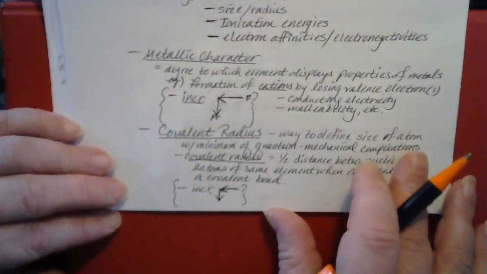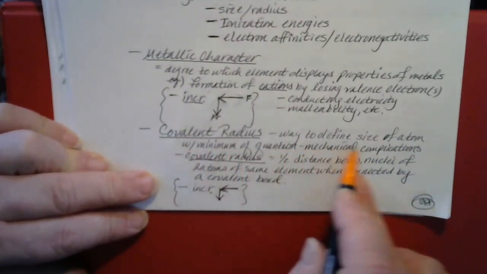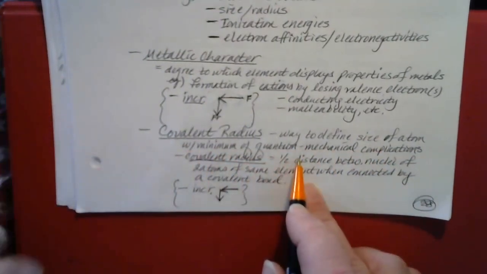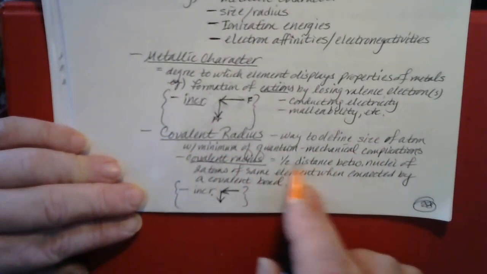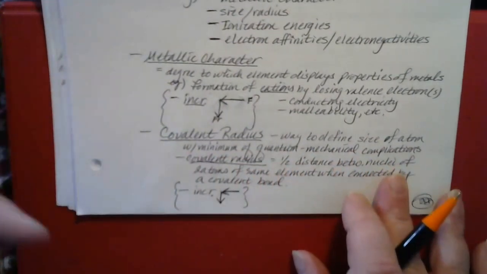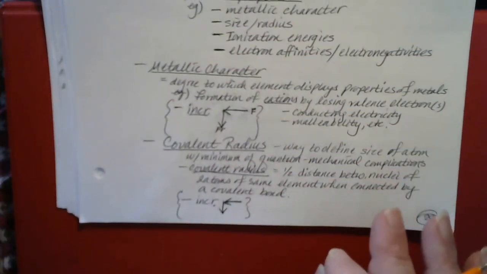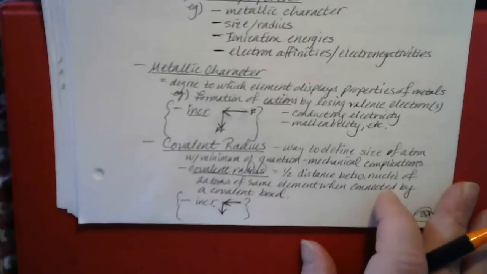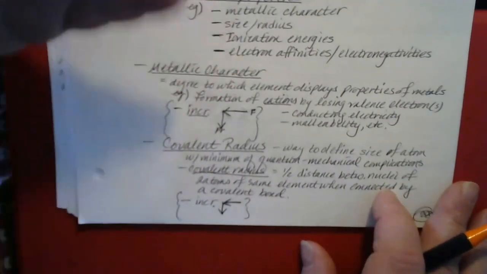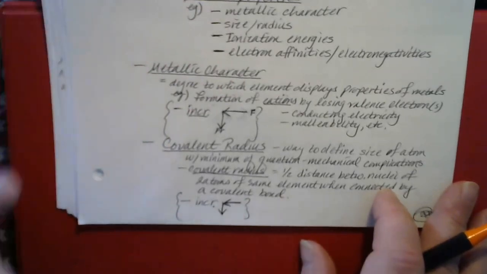Also, size of atoms. Covalent radius, as I said, is what we use as a stand-in for size. This is basically a way to define the size of an atom with a minimum of quantum mechanical uncertainty, because trying to measure the size of an atom from the center of the nucleus to the outermost reaches of the valence shell of electrons can be very difficult because of Heisenberg's uncertainty principle.